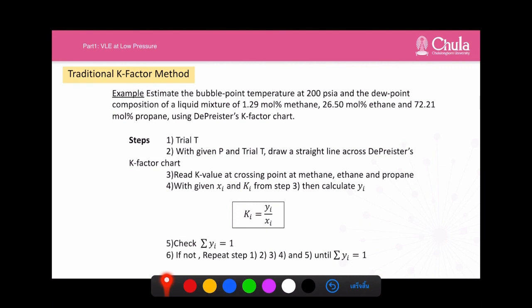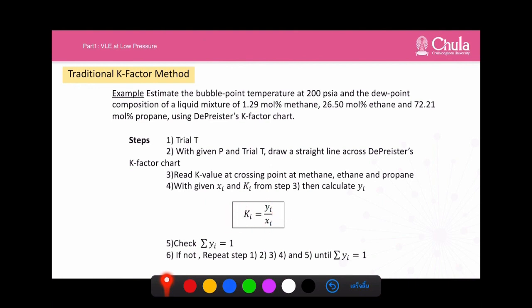Okay, and we are given xi. Okay, a liquid mixture here, so we know xi here. And Ki we read from the previous step, then we can calculate yi, right, using this expression.